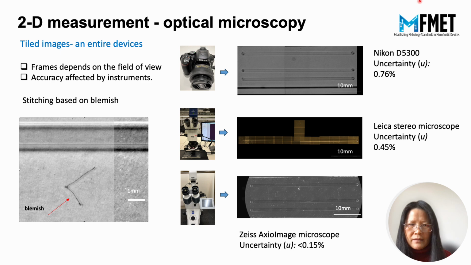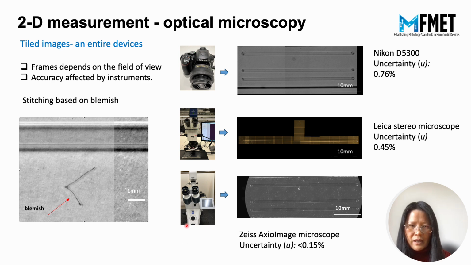However, determining the endpoint of the channel is affected by the image quality. For example, images taken with the Nikon digital camera often have relatively poor quality with the leakage channel barely visible. This gives high uncertainty. Images taken with a Leica stereo microscope offer improved spatial resolution and contrast, which reduce the measurement uncertainty.